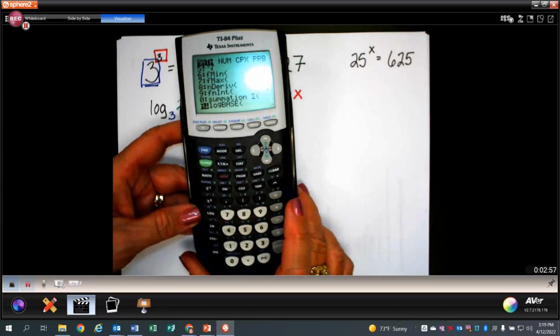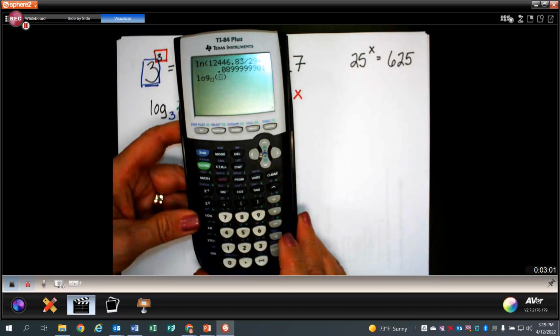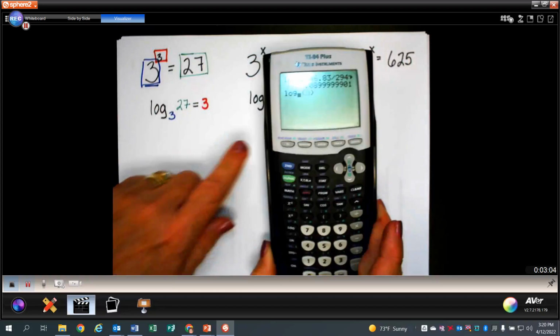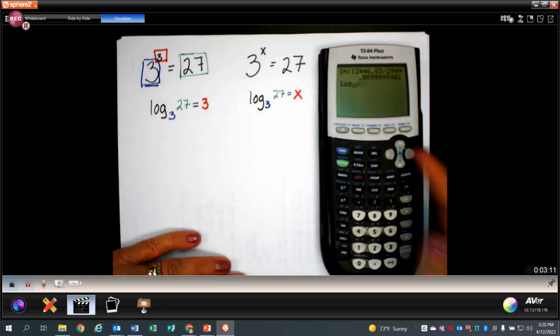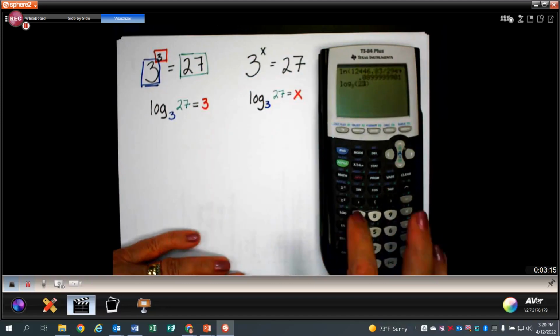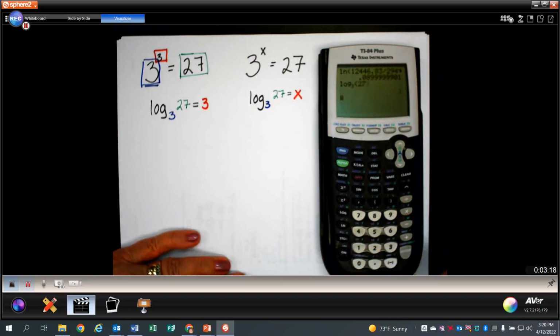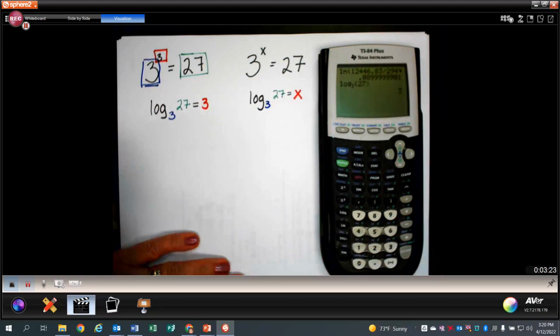There you can see it. Then hit enter, and now it will allow me to change the log to base 3. So log base 3, then hit the arrow key, and now I can enter my argument, which is 27, and then hit enter. That gives me the answer to the log problem as a 3. So x equals 3.